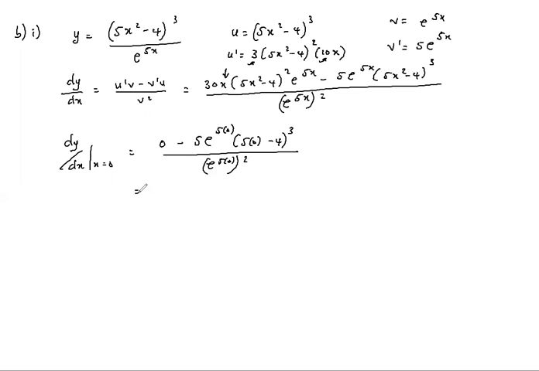This will become negative 5 multiplied by negative 4 to the power 3, because e to the power 0 is 1. So down also we have 1.